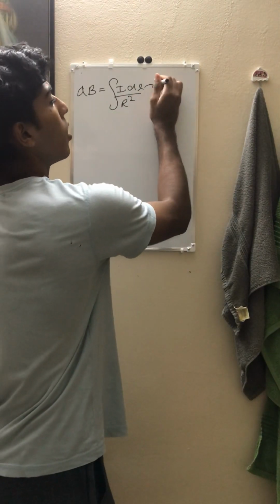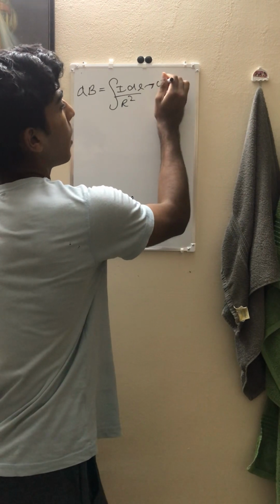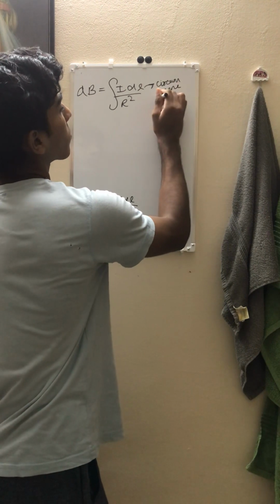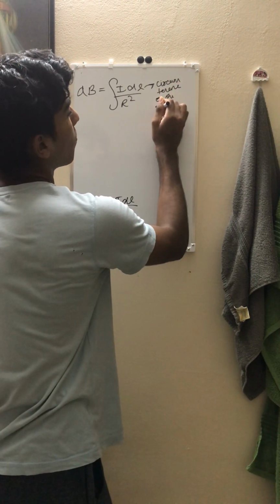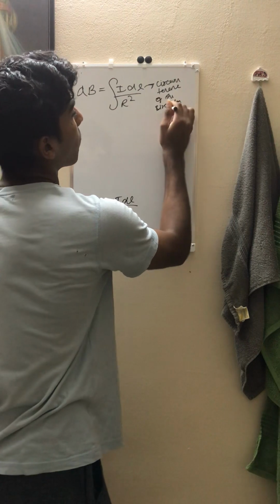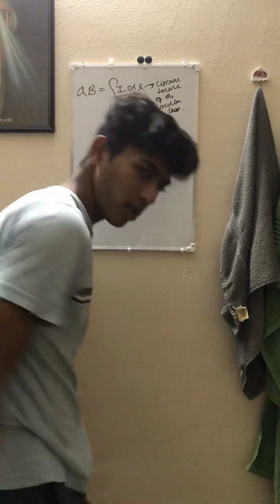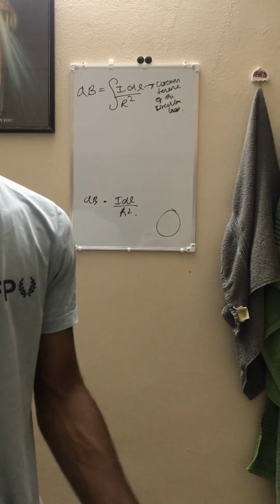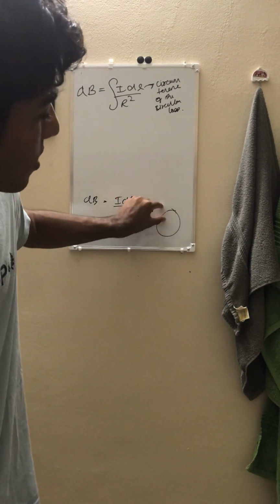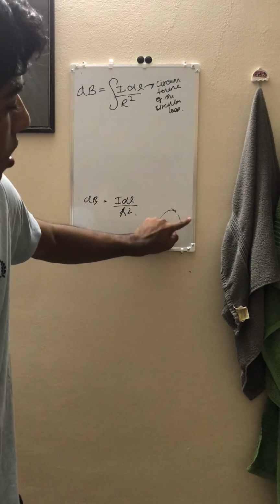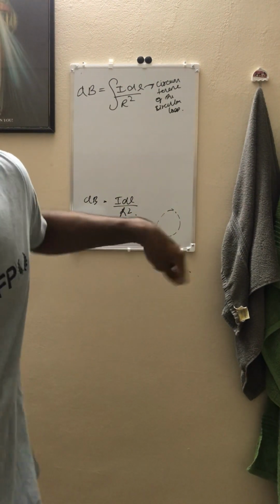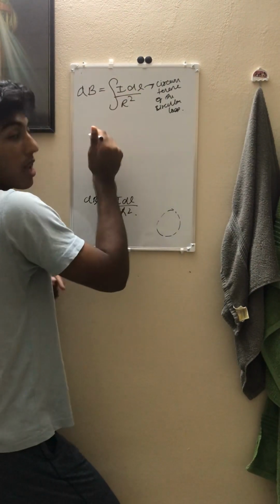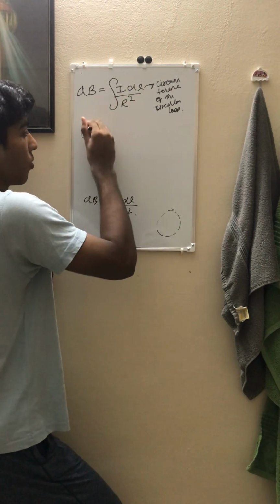The dl of a circular loop will obviously become the circumference of the circular loop. The length of the circle is going to be the circumference. So I take the constants out, which are I and r square, but I can change the circumference.